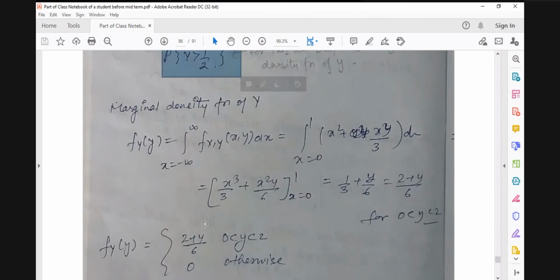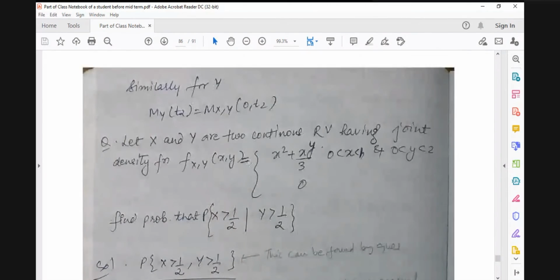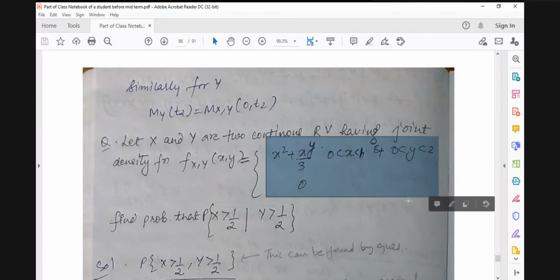To find this one, we integrate this joint density function within the whole domain of x, that is from minus infinity to plus infinity, with respect to the variable x.